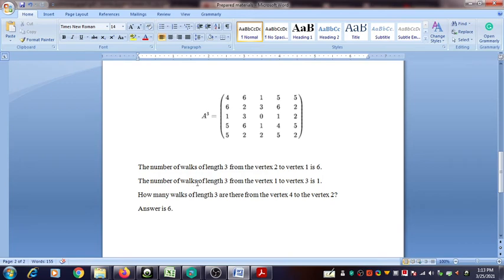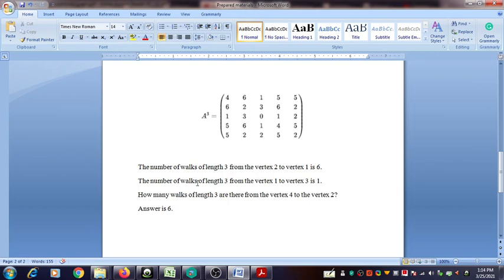If you want the number of walks of length 2, you have to find A square. If you want the number of walks of length 5, you have to find A raised to 5, that is A into A into A into A into A, so 5 times you multiply. This way you can find the number of walks of a specified length.